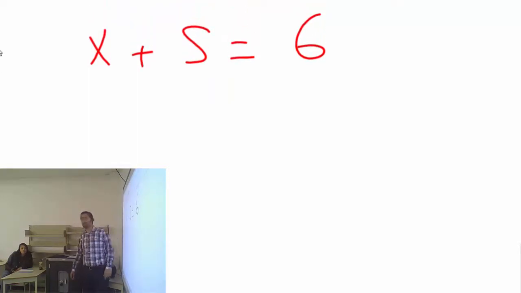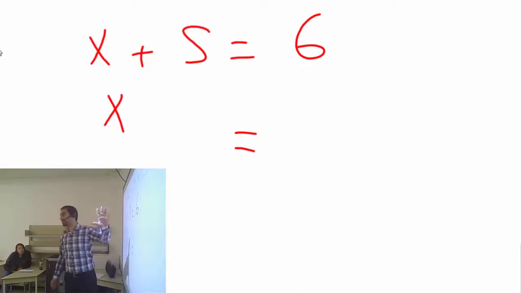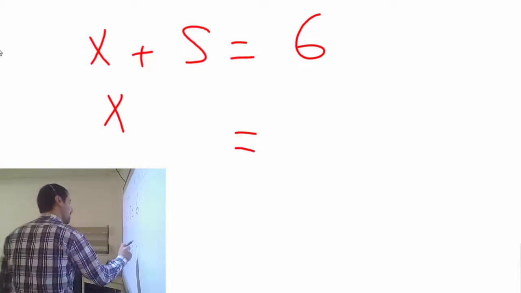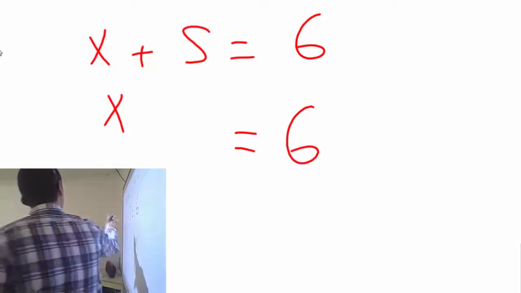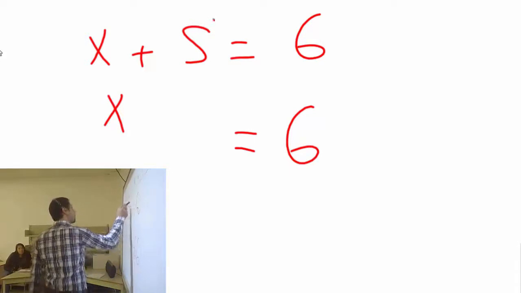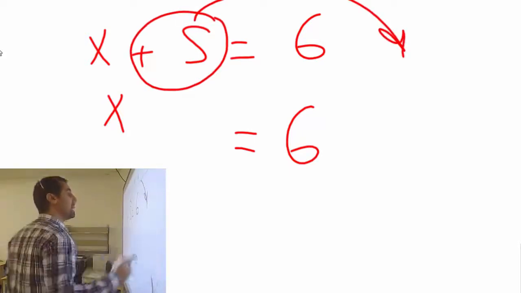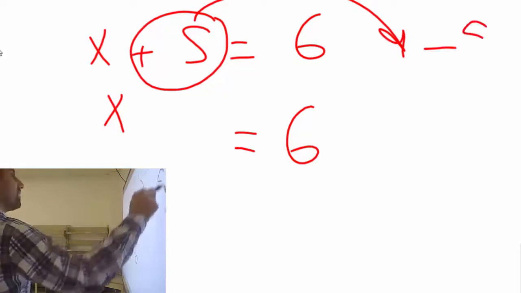The shortest way is, you're going to leave X alone. Write that down. Don't touch it. The equation sign, that's the balance. Don't touch it. 6, don't touch it. You have nothing to do with 6. 5 is the one bothering. Plus 5 goes to the other side of the equation as minus 5.